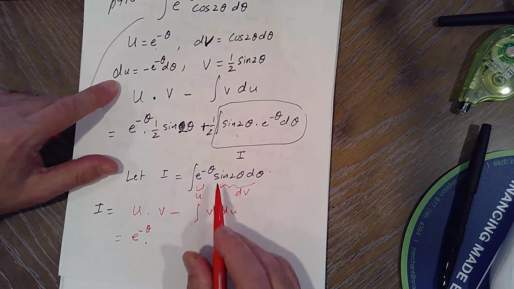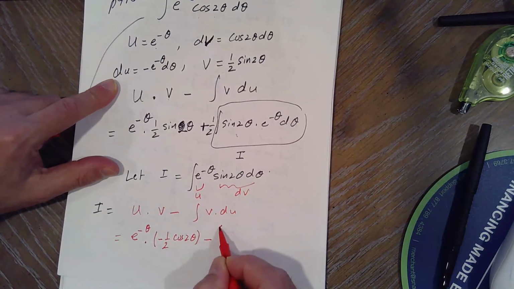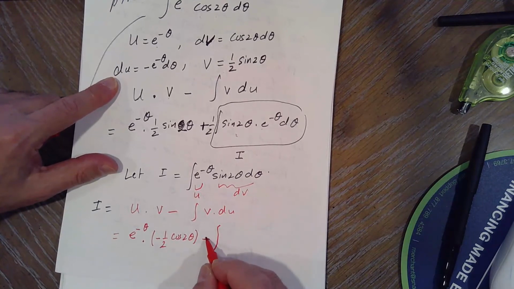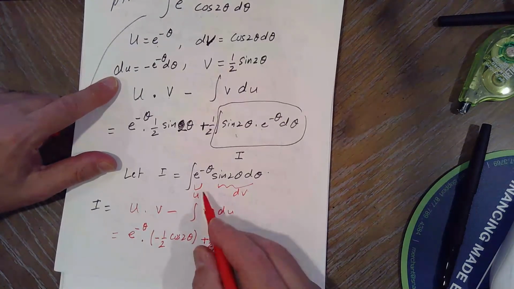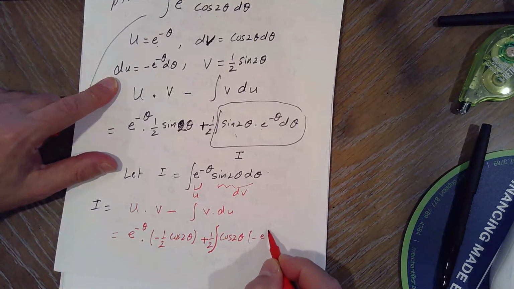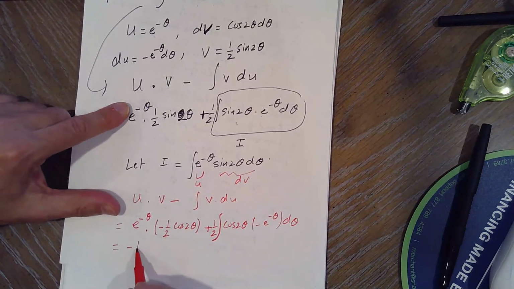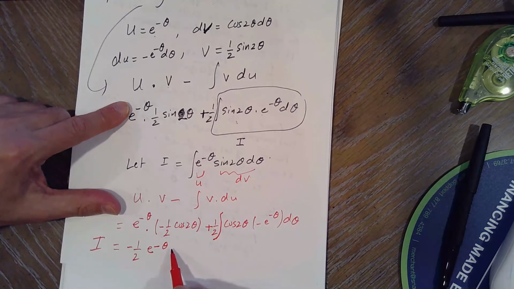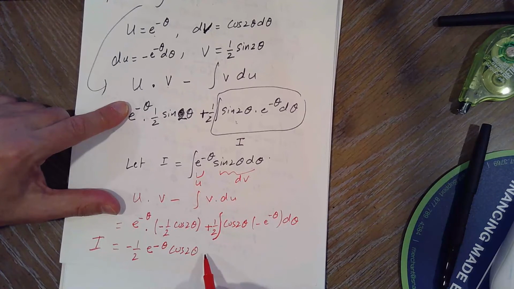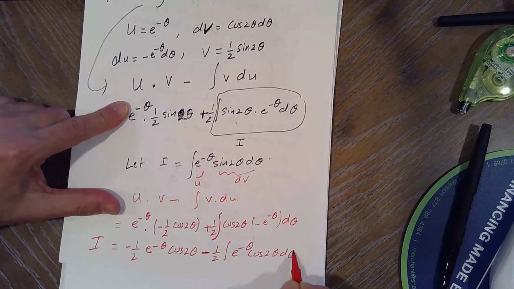V, integral of sine, is negative 1/2 cosine 2 theta, minus integral of v, negative 1/2 cosine 2 theta, du, which is negative e to the negative theta d theta. So that would be negative 1/2 e to the negative theta cosine 2 theta, minus 1/2 integral of e to the negative theta cosine 2 theta d theta.